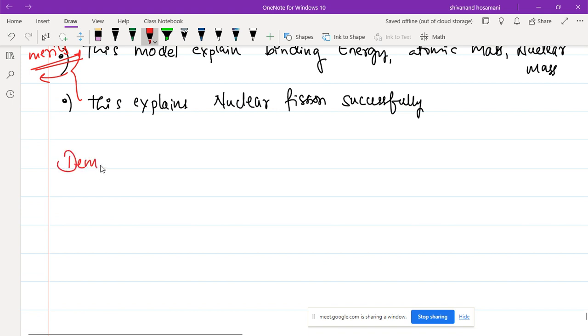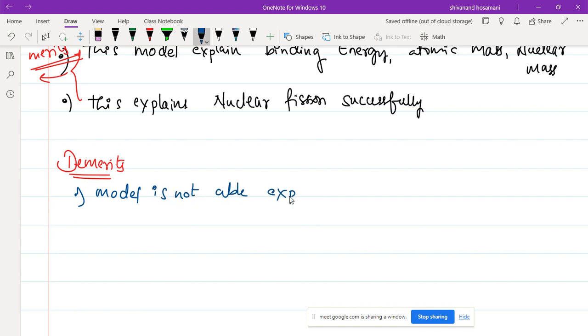Demerits of the liquid drop model are: first, the model is not able to explain magic numbers.